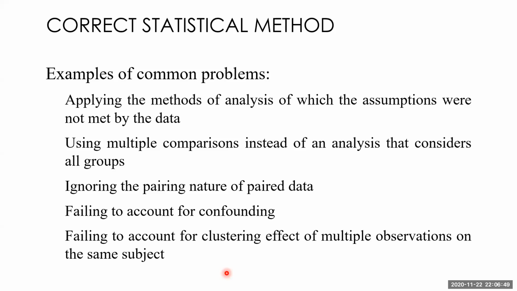Failing to account for confounding may result in a problem in the statistical analysis. Another is failing to account for the clustering effect of multiple observations on the same subject. Sometimes we have patients that have two or three teeth, and this creates an effect called the clustering effect that should be accounted for during our statistical analysis.